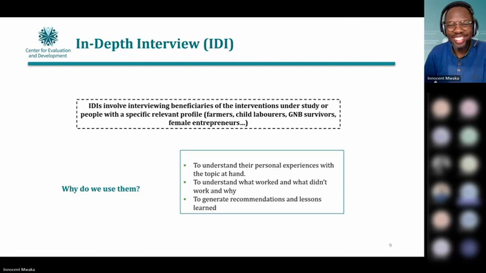It's clear, though I wonder what data we collect when they say we are going for a key informant interview, and we're interviewing maybe other partners of the project, maybe also, like you said, GIZ, those top officials. And we say that we are using a key informant interview, but it could actually be an in-depth interview.